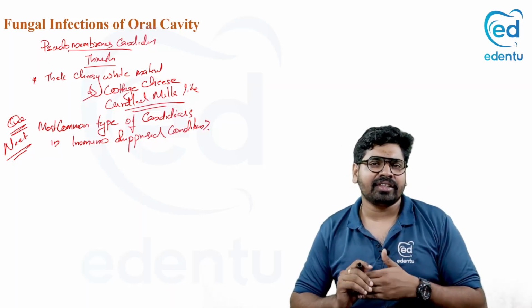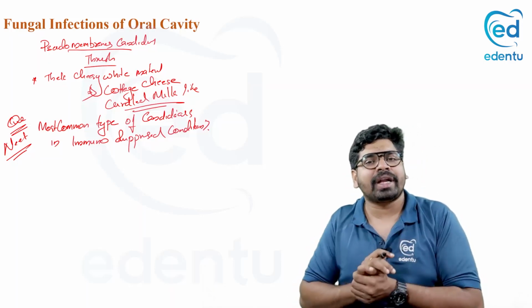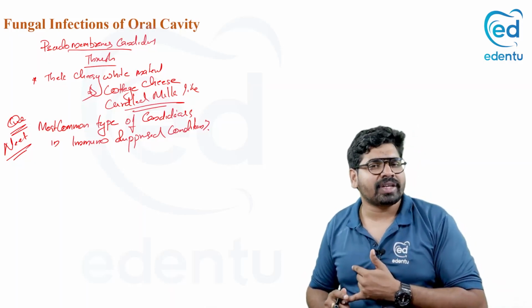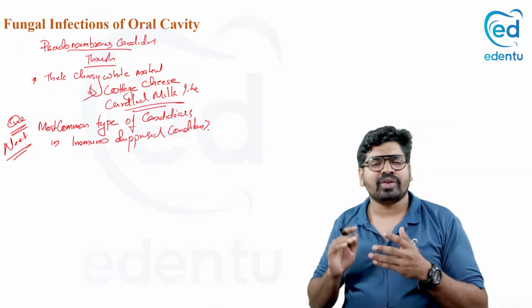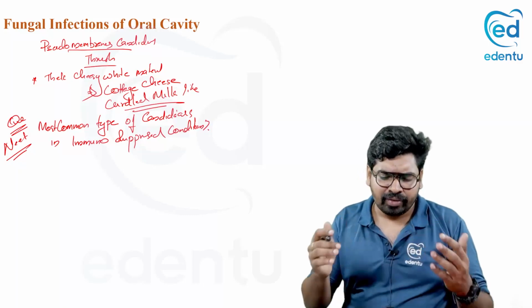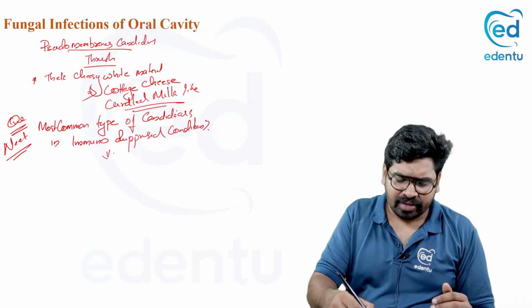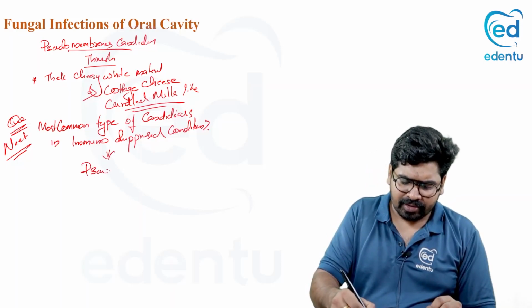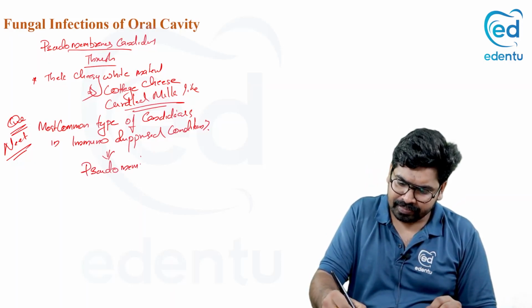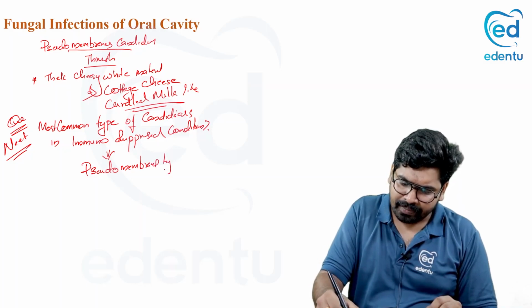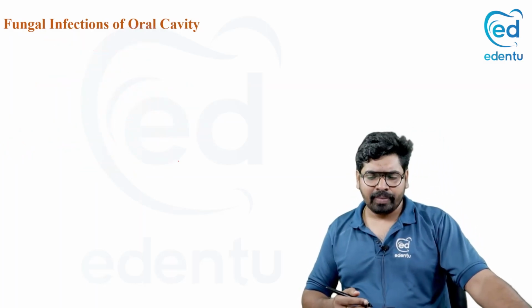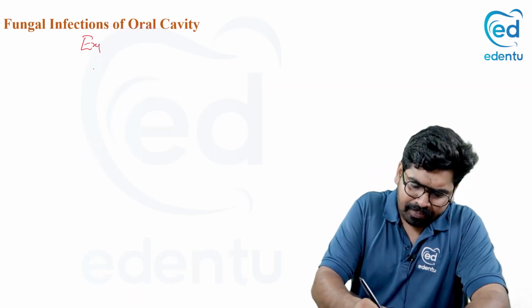Out of this candidiasis, which is the most common type we can see in an immunocompromised condition, your HIV or AIDS or steroid therapies? Mostly in this condition, when your immunity comes low, it is the pseudomembranous type.